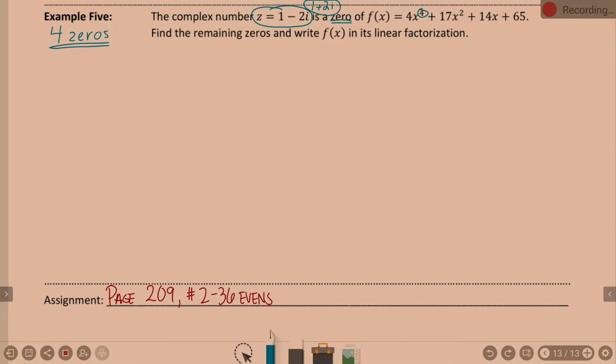That if they give you one imaginary 0, its conjugate is also. So right now I know 1 minus 2i, and I know 1 plus 2i, and that means I have to find 2 more. Yes? Okay. So, yes, it is synthetic division. What's the first one I'm going to use?